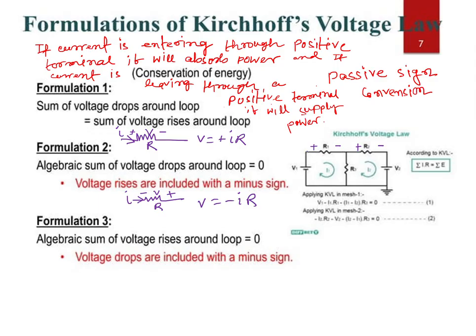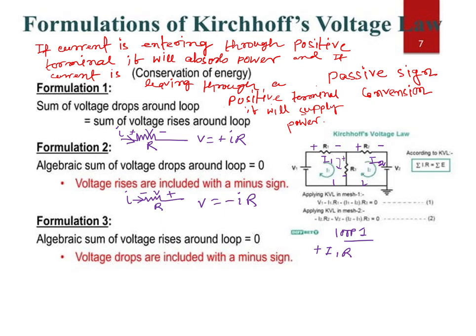Similarly, current is entering, so this is plus, this is minus. Suppose I start from here; this is I1, this is I2, both clockwise. This is loop 1, this is loop 2. In loop 1, current is entering through the plus terminal, so I will write plus I1 into R. Now I am coming here, where I2 is, and both are in opposite directions.